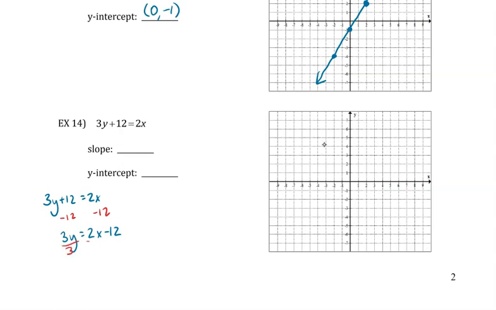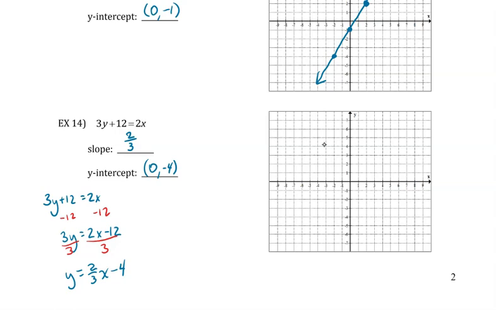Then we can go ahead and divide both sides by 3. So we get y =, don't forget we have to divide both by 3, so that'd be 2/3 x - 4. Once we have it back in that form, it gives us our slope and intercept. So our slope is 2/3, our y-intercept is (0, -4).